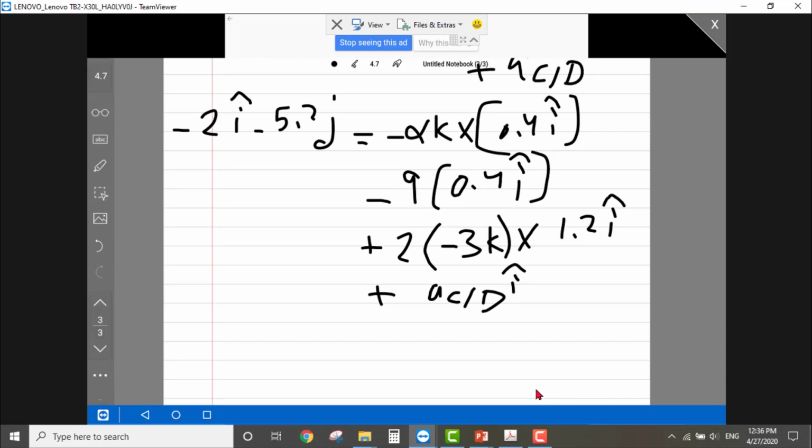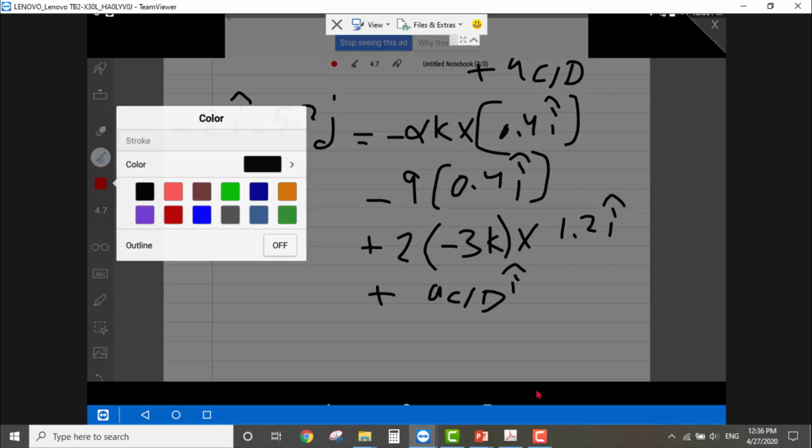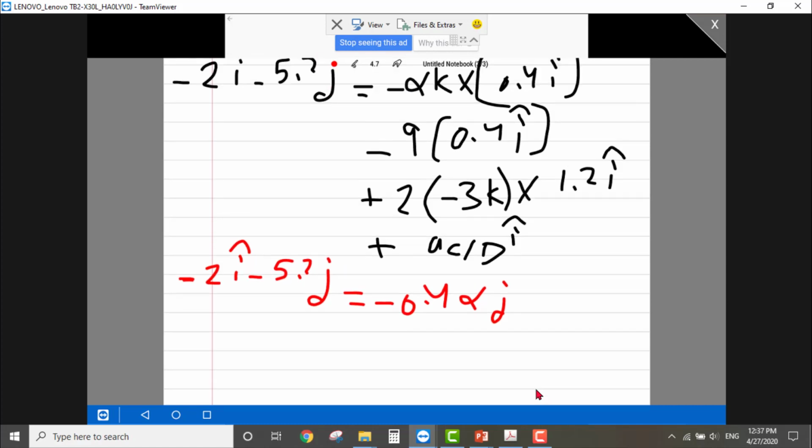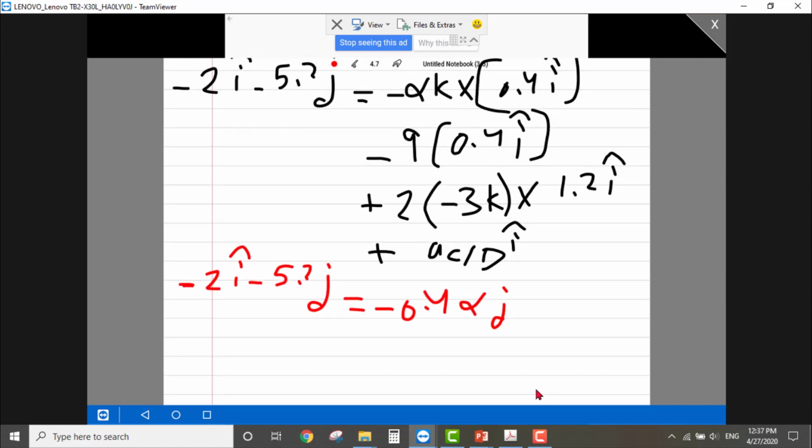So let's write them again. I'll use another color, to not get confused. So minus 2 in the I direction, minus 5.2 in the J direction, which is equal to K cross product I, this is a positive quantity. Then we have minus 0.4 alpha J. Now minus 9 multiplied by 0.4, this is minus 3.6 in the I direction.